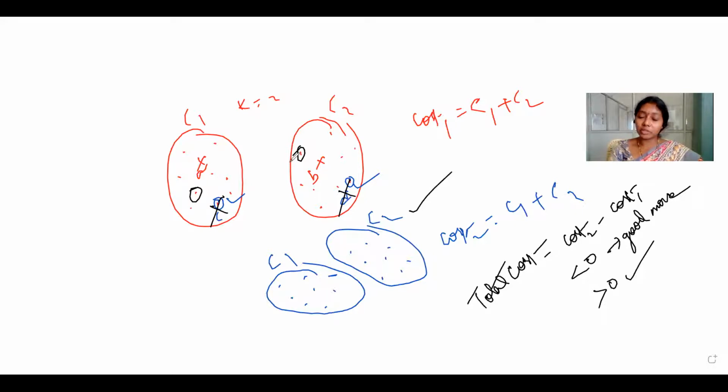And again, based on that representative, you need to reshape the cluster, reassign the data points, and check the cost. And you need to generate the total cost. If the total cost is negative, you can proceed with these new representative points. If it is positive, you can again come back and select another non-representative object as the new representative object.